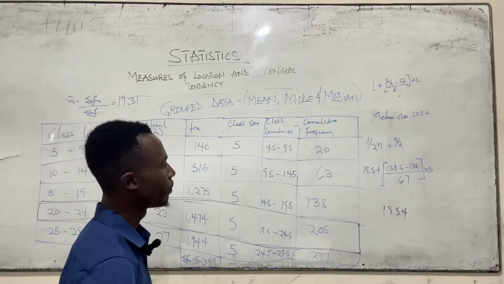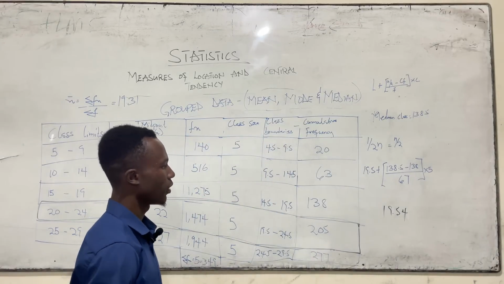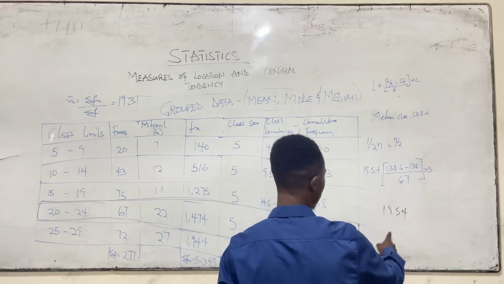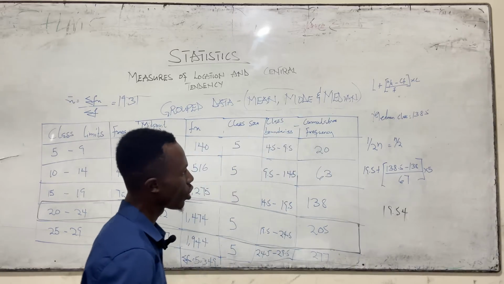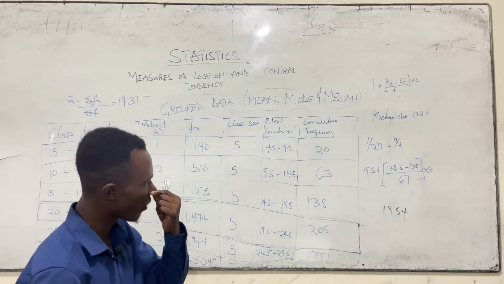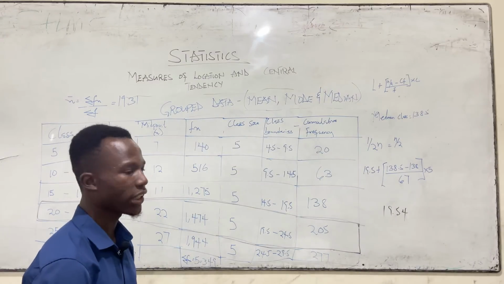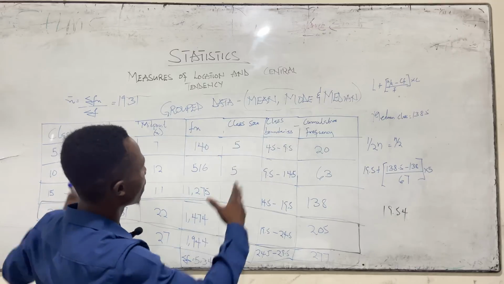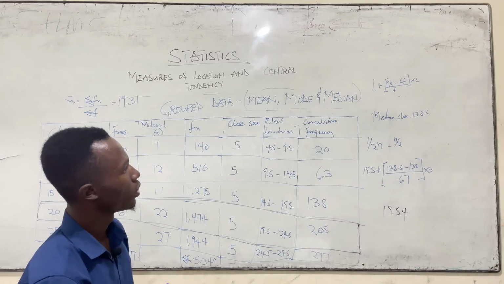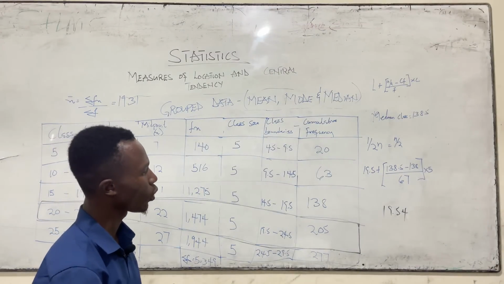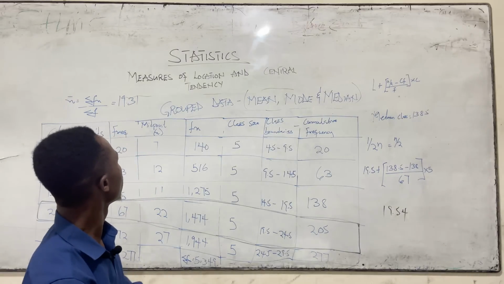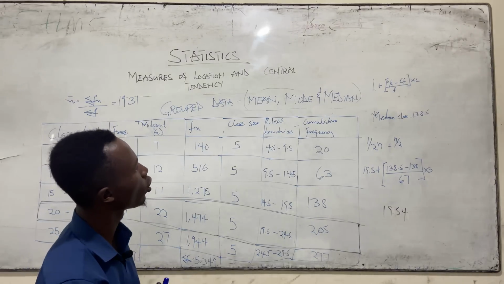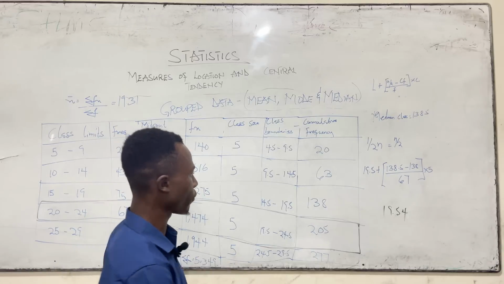Yes. So this is the end of the class. But this 19.54, in our next question we will solve a proper examinable question. This is just an example. So join us in the next class as we solve questions about grouped data and non-grouped data.